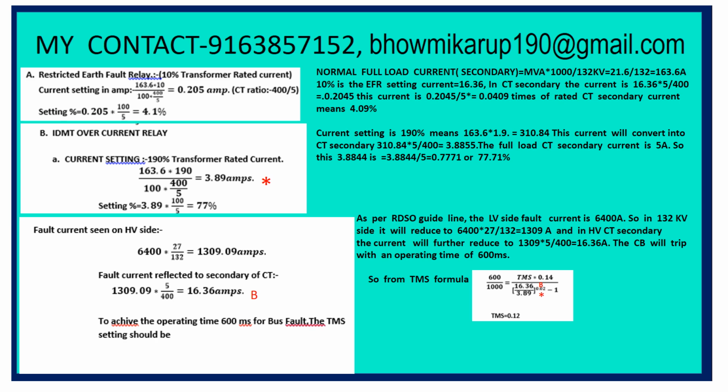It is the fault current reflected to the secondary of the CT. And 3.89 is the 190% current setting on the CT secondary side.